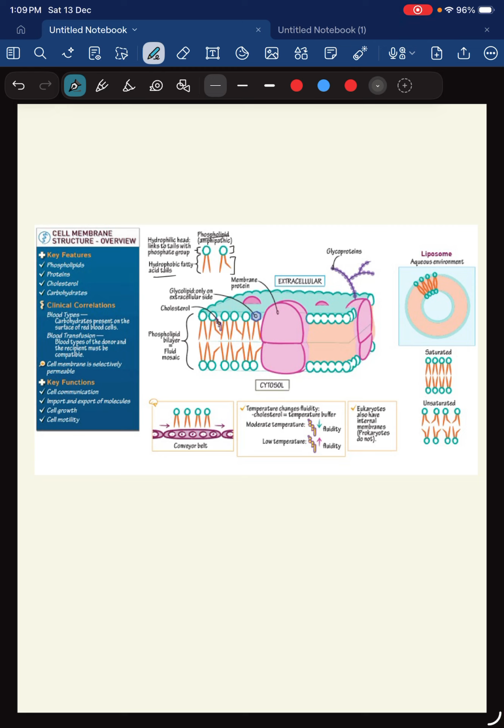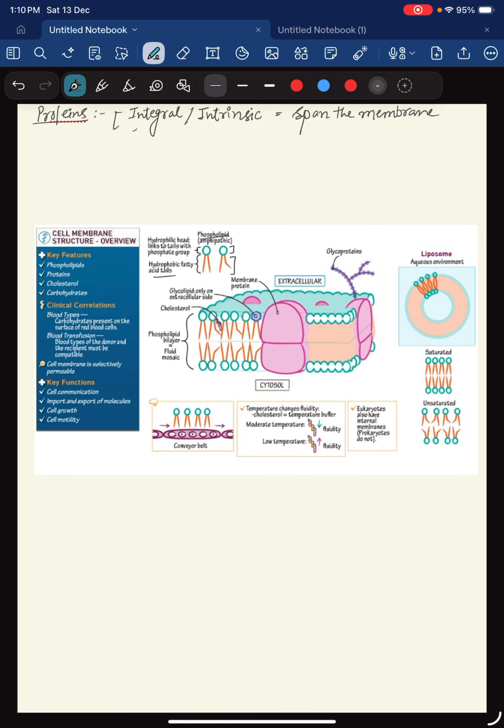Then we will see the proteins part, which are 52% inside the membrane. If we see the proteins present, we find that 2 types of proteins are present inside the plasma membrane. First are the integral proteins or intrinsic proteins that we find embedded inside the membrane. These are responsible for spanning the membrane, means the movement and the flexibility of the membrane is dependent on these types of proteins.